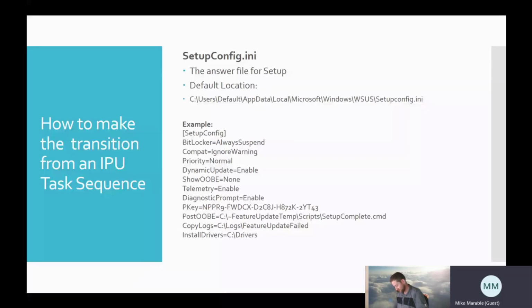So if you have your setup config INI in the default location, regardless of how the machine is upgraded, it's going to be looking for that file, and your settings are all going to be in place here.